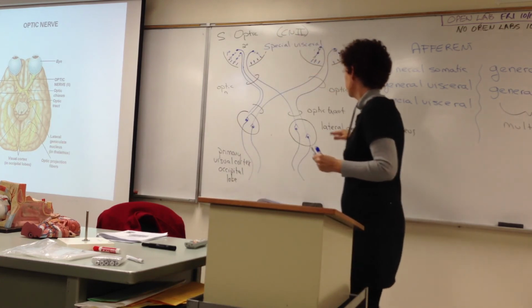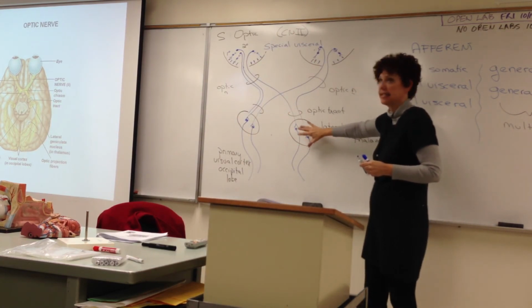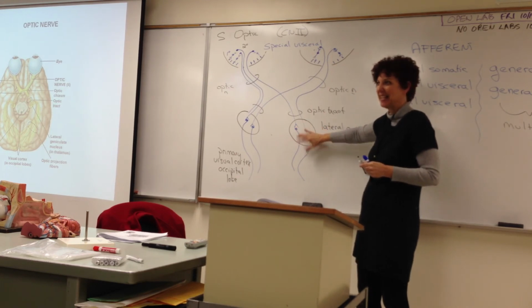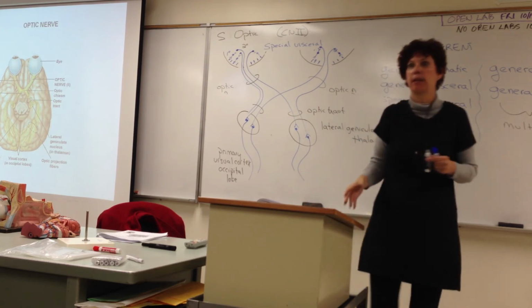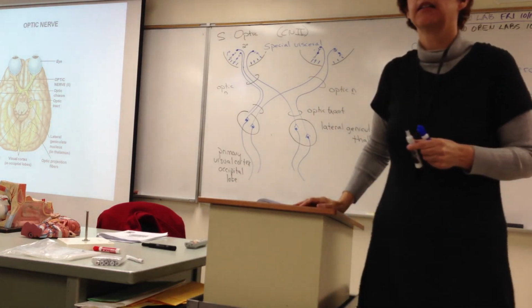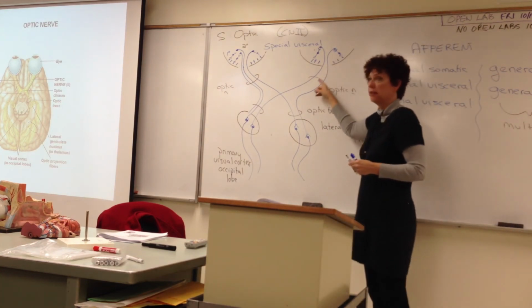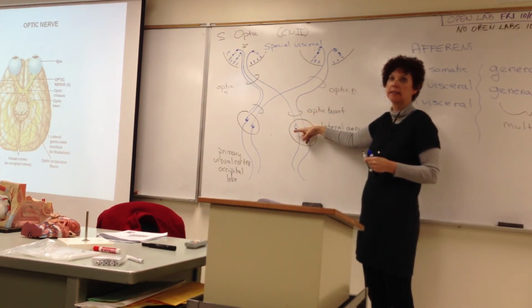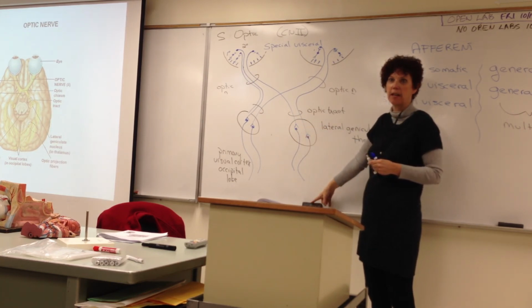So again, I've asked you to learn the lateral geniculate nucleus, so the reason I went through this pathway again is that's what forms it in the thalamus, are the cell bodies of the third neuron going to the occipital lobe. Yes? Is the optic tract the third neuron? No, the optic tract is still the second. Optic nerve and optic tract are still the second. So what's the third? The third is in the thalamus, going to the occipital lobe.